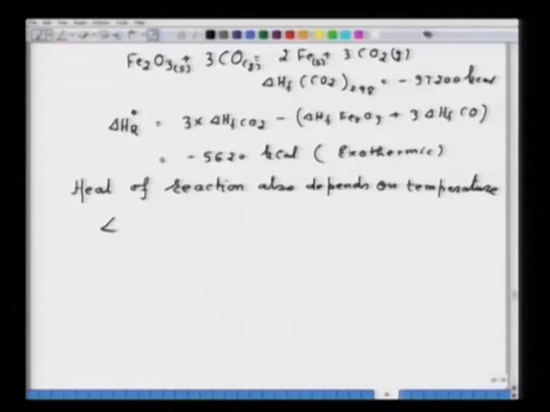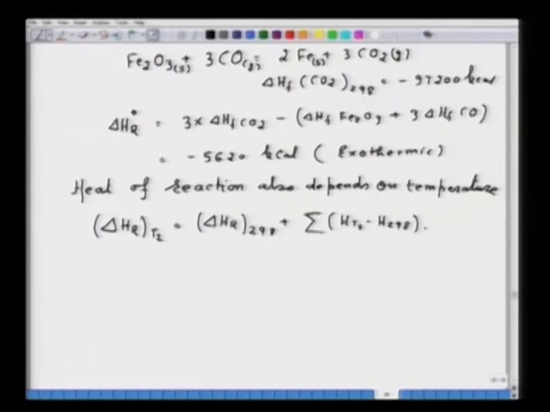So, Kirchhoff's law, I think you must have read, is used. So, heat of reaction, say delta H R at any temperature T2, will be equal to delta H R at 298 Kelvin plus H T2 minus H 298 of products minus H T2 minus H 298 of reactants.